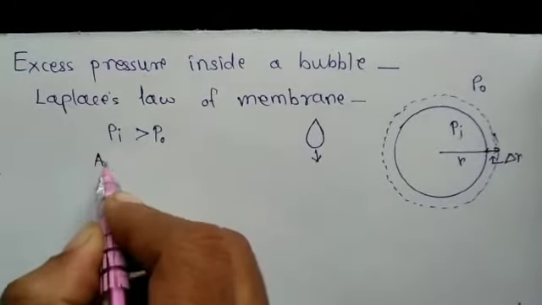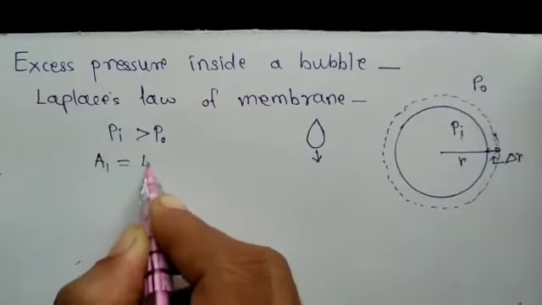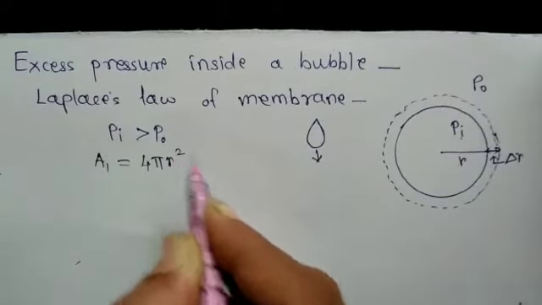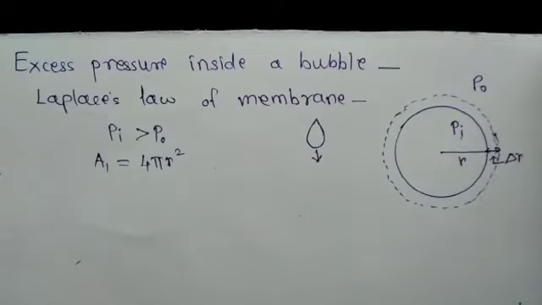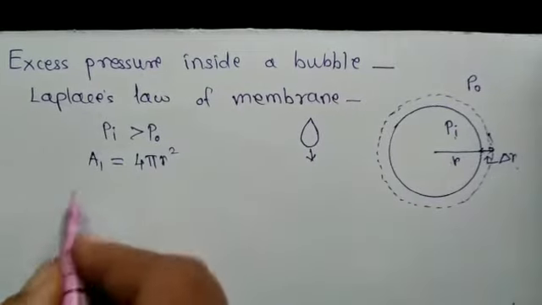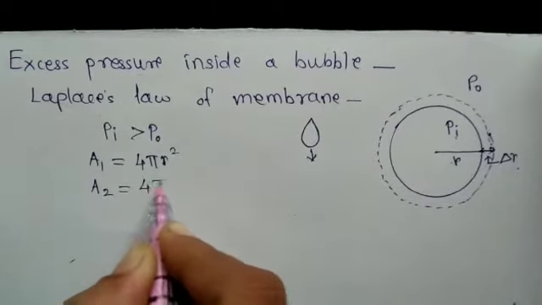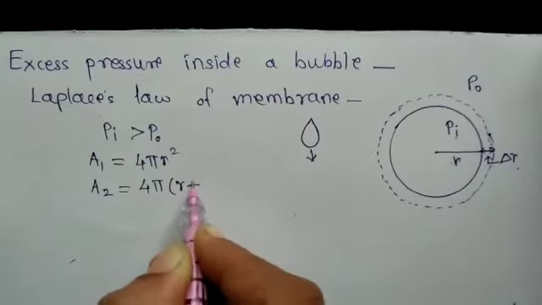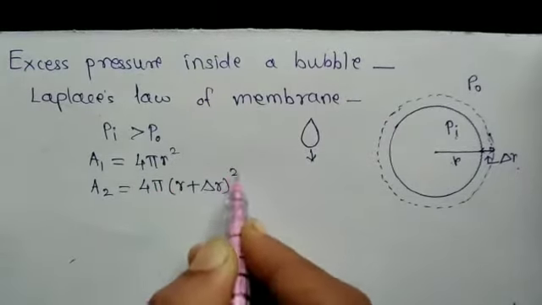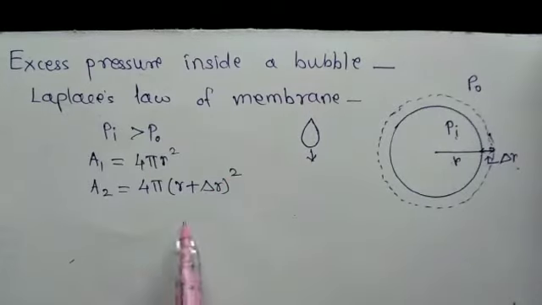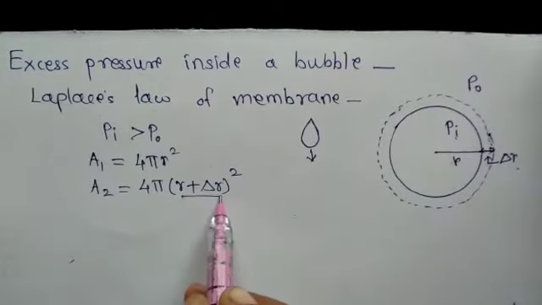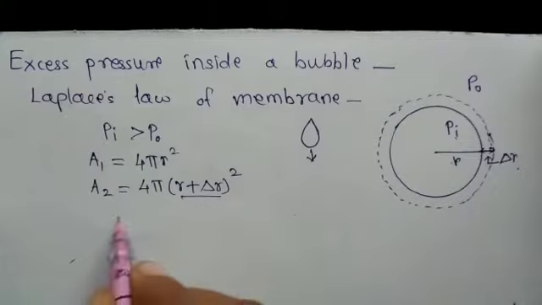Initial area of this drop is A1 equal to 4 pi r square. Now due to the increase in radius, its area becomes A2 equal to 4 pi (r plus delta r) whole square. Solve this bracket using (a plus b) whole square.